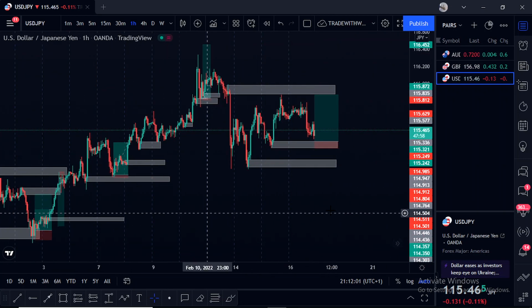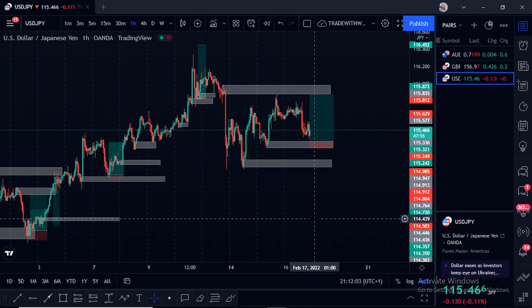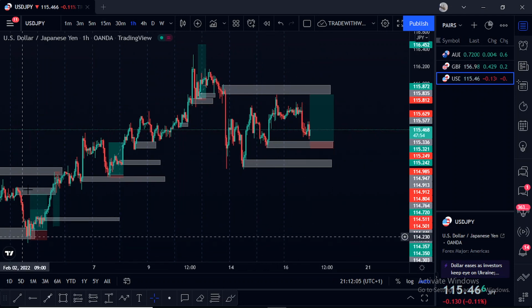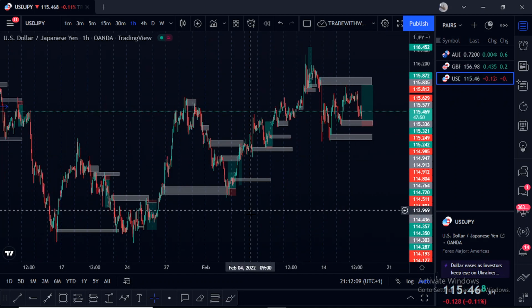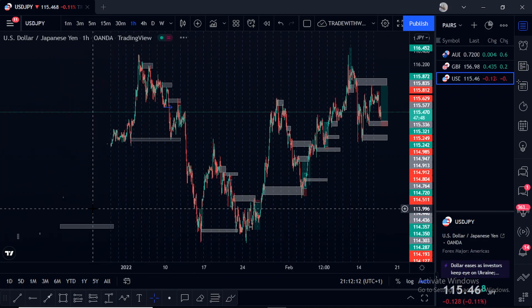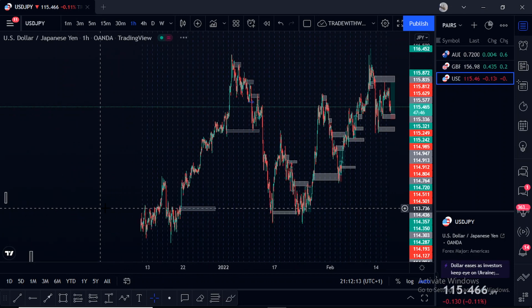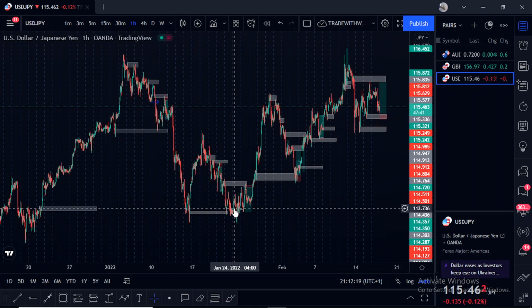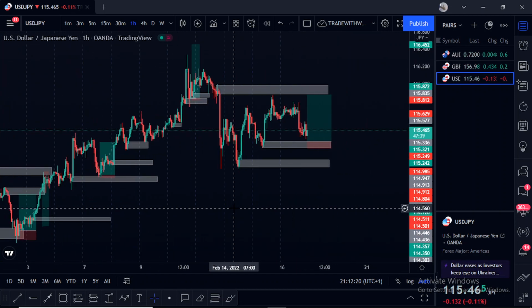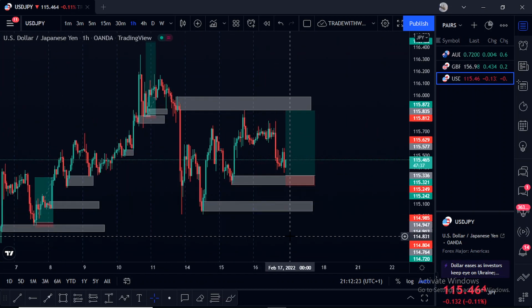That is how you can easily achieve your consistency. And again, you are doing the same thing over and over again. As you can see my charts here, it's still the same thing, repetition of the same thing over and over again. So it is easier to achieve consistency faster that way.